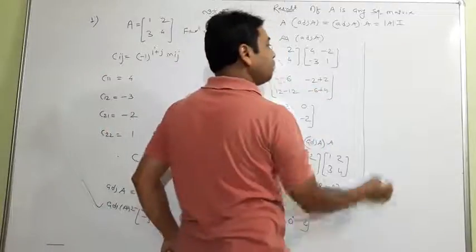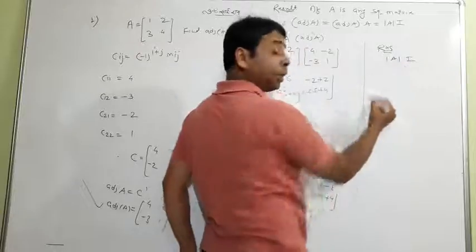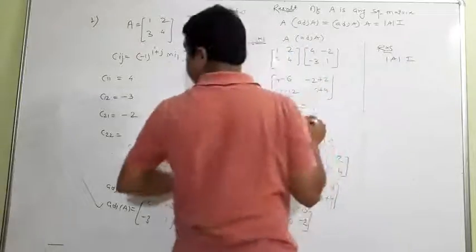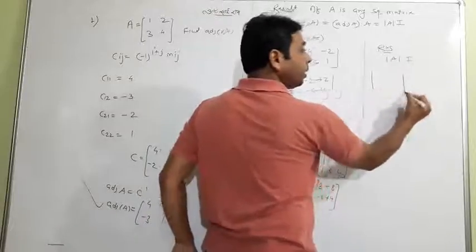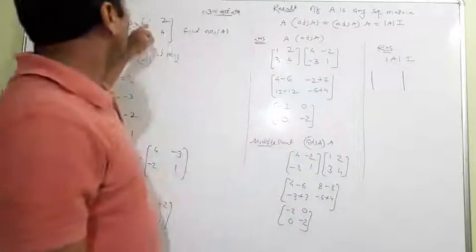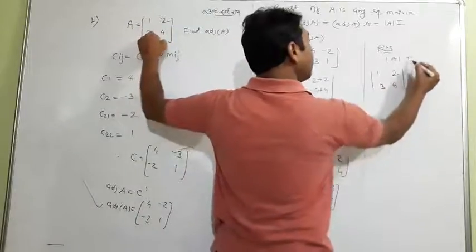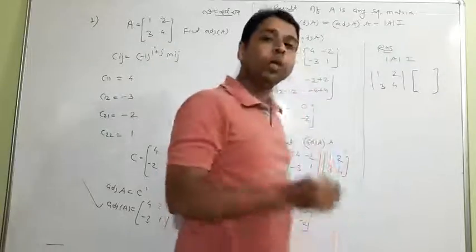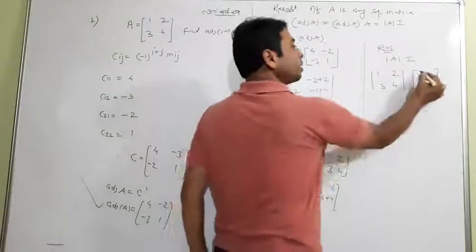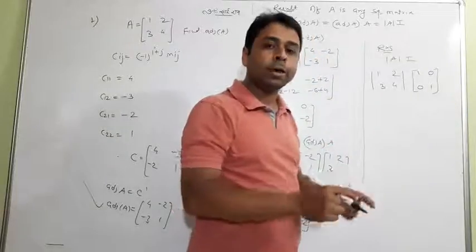Now I want to do the right hand side: determinant A into I. Look at determinant A. This is matrix A, and this is determinant A. So determinant A will be written with the determinant sign, with all the elements 1 2 3 4, and I is the unit matrix. Student, you have to be careful about what sign you use.